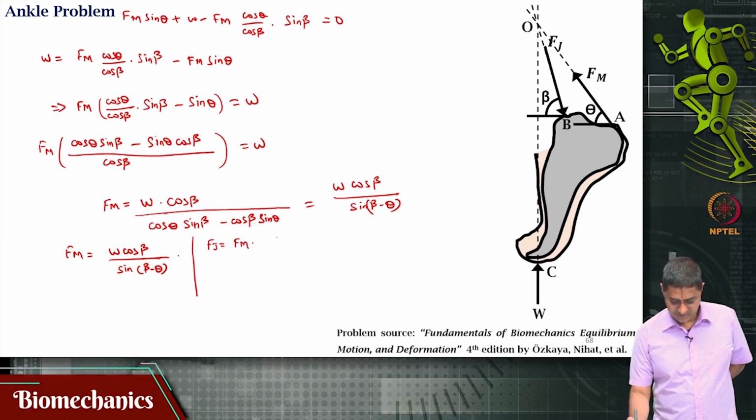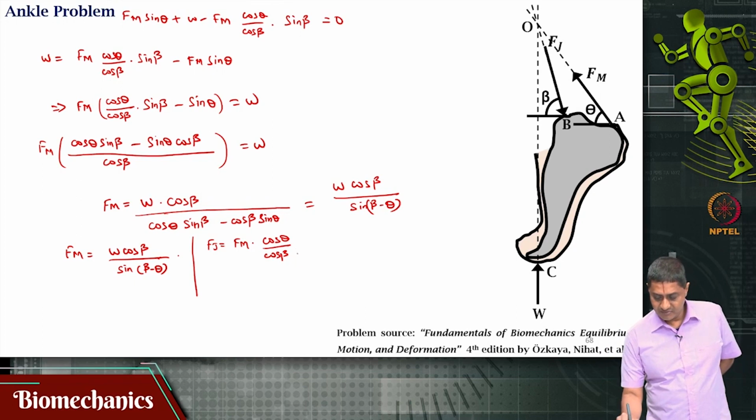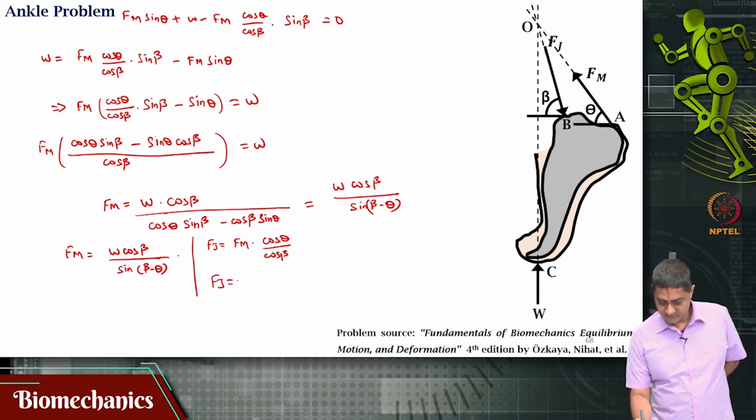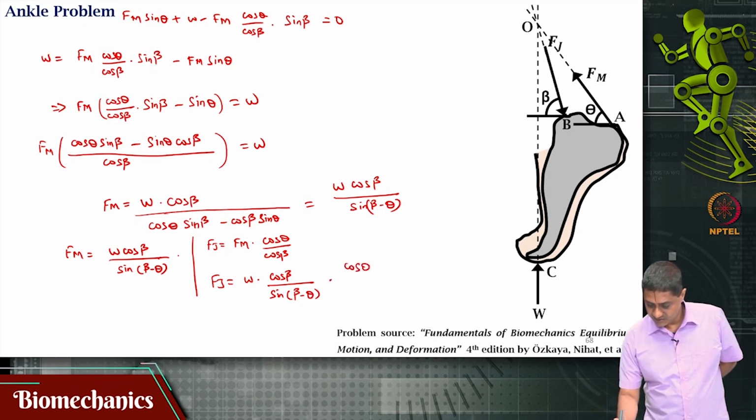Substitute this Fm in this equation for Fj, that would mean Fj is W times cos beta divided by sin of beta minus theta, times cos theta divided by cos beta.